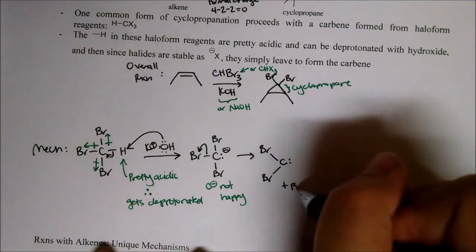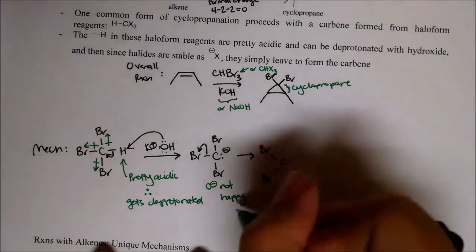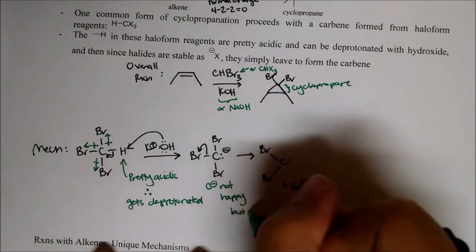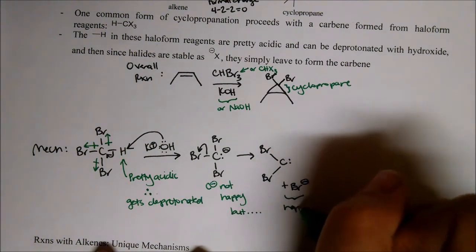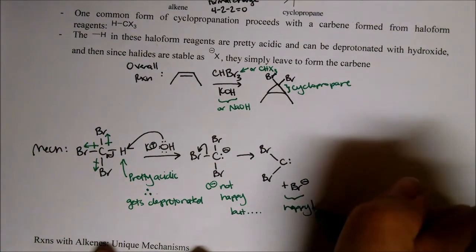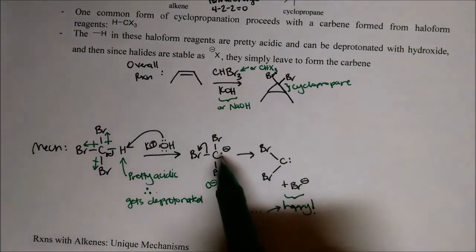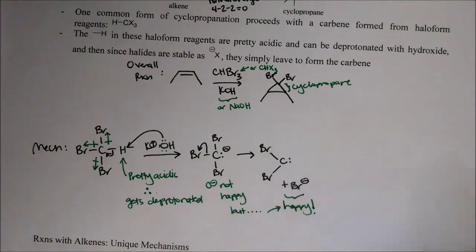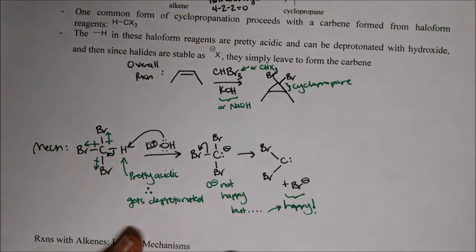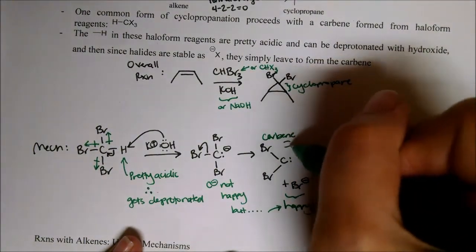Like I said, the halides don't mind being by themselves. So the C- may not be happy, but this guy is happy, and that's why he just leaves. Alright, so now here's our carbene. Hooray! We have formed our awesome carbene.